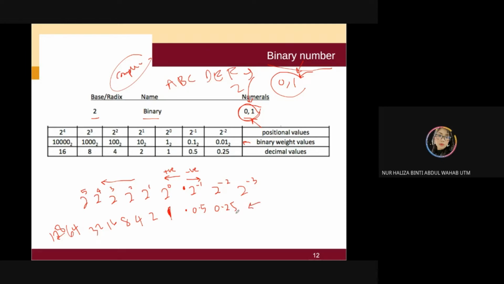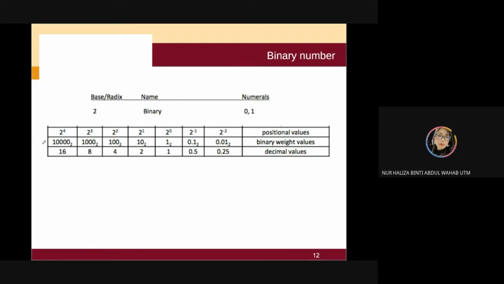But in binary representation, you will get this as 1 base 2. This one will be 10. This will be 100. 1000. 10000. Continue.